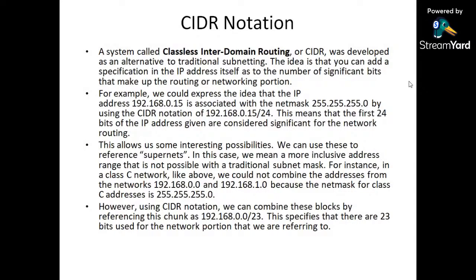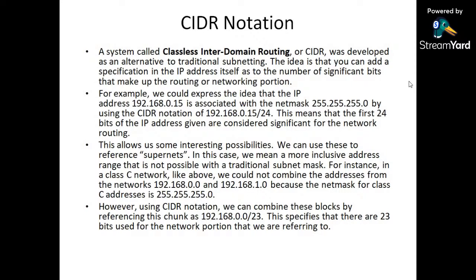CIDR notation. A system called classless inter-domain routing, or CIDR, was developed as an alternative to traditional subnetting. The idea is that you can add a specification in the IP address itself as to the number of significant bits that make up the routing or networking portion. For example, the IP address 192.168.0.15 is associated with a net mask where 24 bits are 1 and the rest are 0, that is 255.255.255.0.